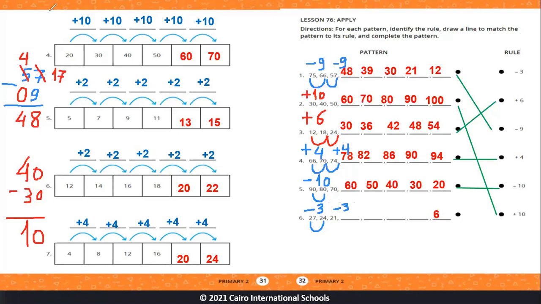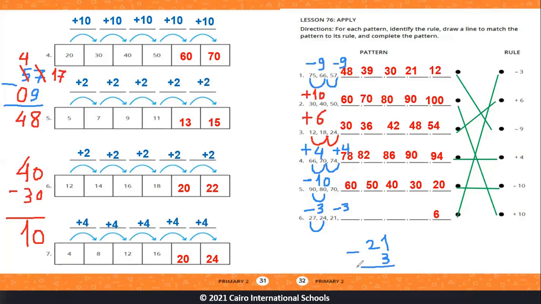Match it to the pattern rule. 21 minus 3. We can do it by the counting back strategy, or by subtraction with regrouping. 21 minus 3. 1 minus 3.